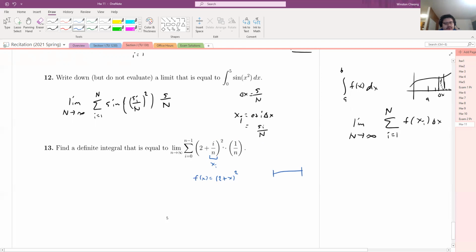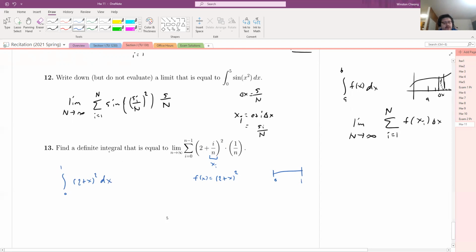So whatever the a value is, that's where the length of the integral starts at. In the way that I've indicated here, the a is 0. So you start at 0, you go a length of 1. So that tells you that the integral you would construct starts at 0 and goes to 1. And then we can just plug in the rest of the things. So 2 plus x squared dx. All right. So that is one way to interpret this thing.